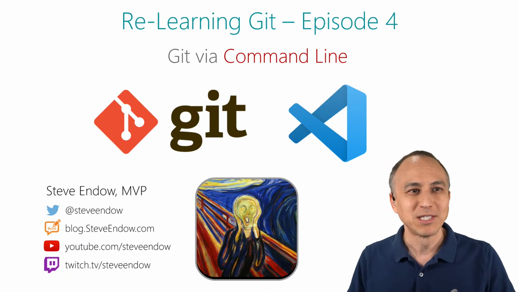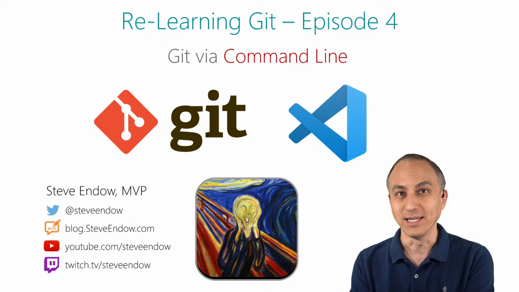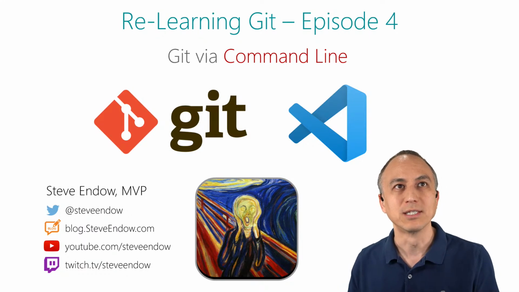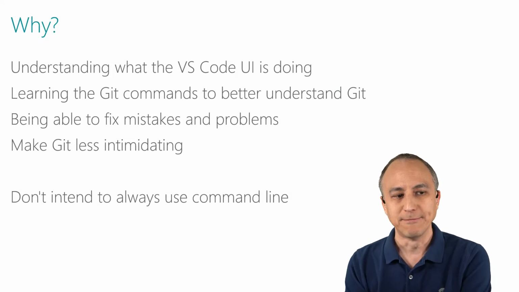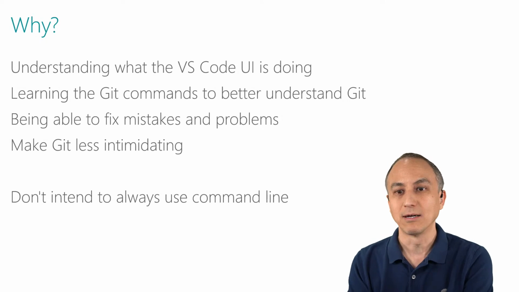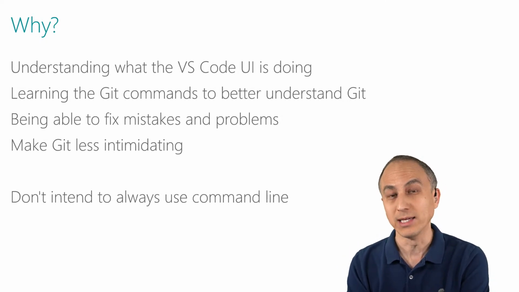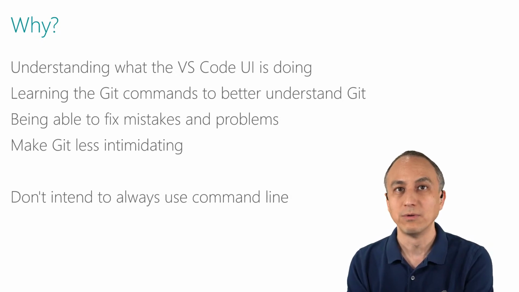This is episode 4 of Steve Relearning Git. In prior episodes, I have mentioned that one of the reasons I'm not terribly comfortable with Git is because I've only used it primarily through Visual Studio.